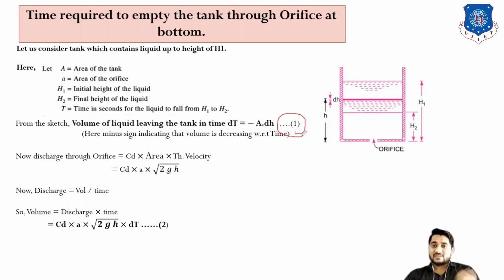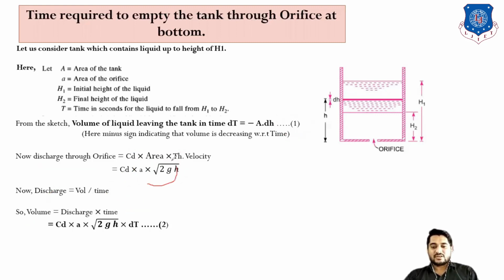So here one volume is available from the sketch. Let us find another volume by equation. So from the equation, discharge is equal to CD into area into theoretical velocity. So for the orifice meter, it is CD, area is small a, and velocity is under root 2g h. But we have to find the volume for comparison with equation number 1. So here discharge is equal to volume by time, so volume is equal to discharge into time.